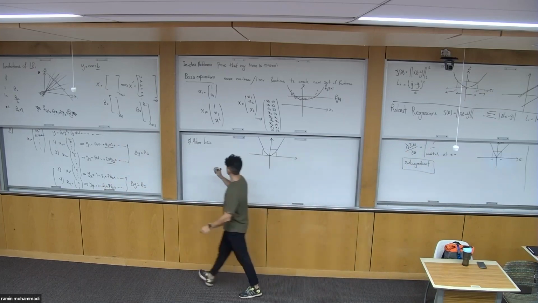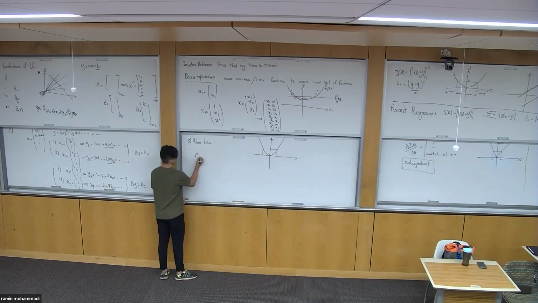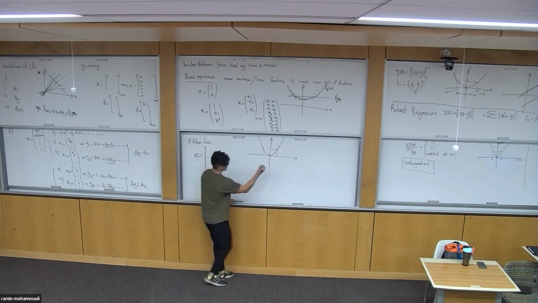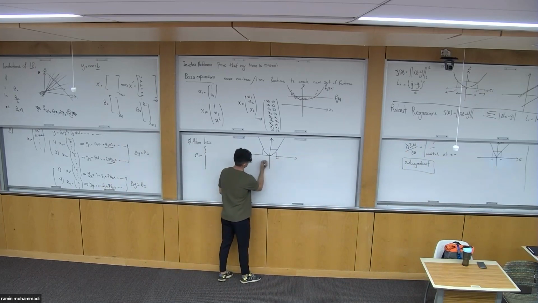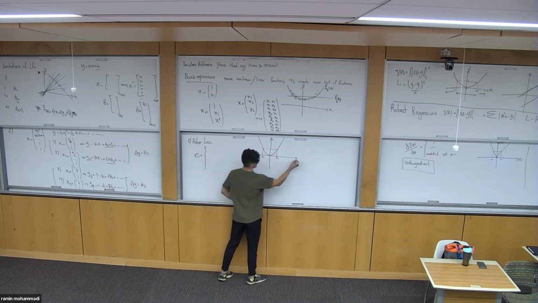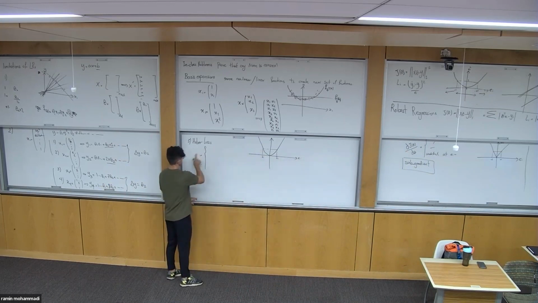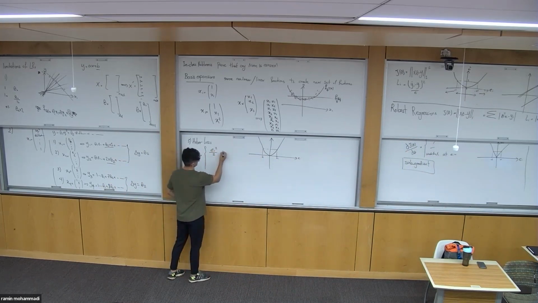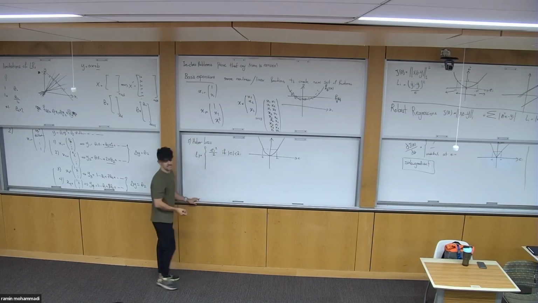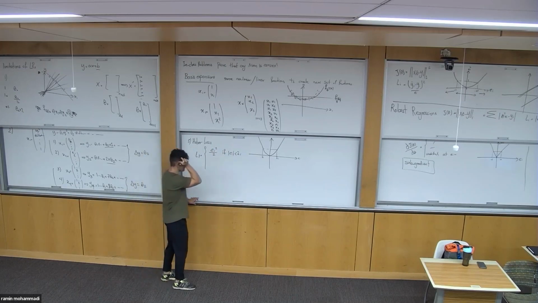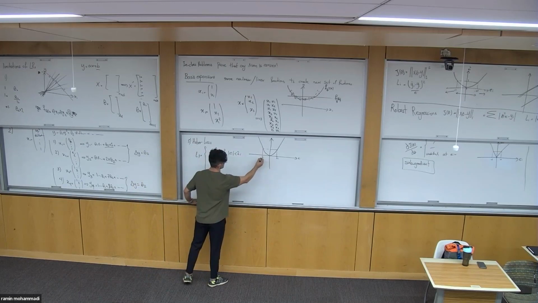Now, the error is the predicted value minus the actual value. This is the error e_i. So the loss is going to be e_i to the power of 2 if the absolute value of the error is less than sigma, meaning between positive and negative sigma.